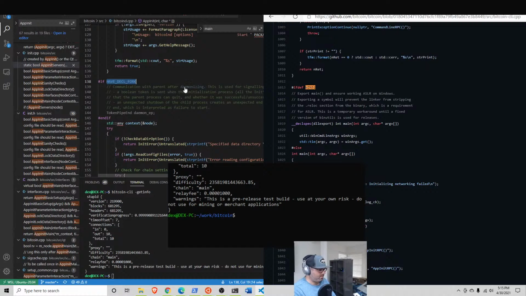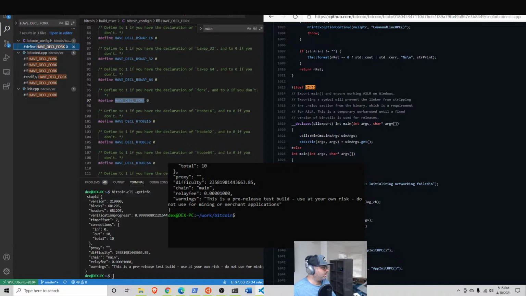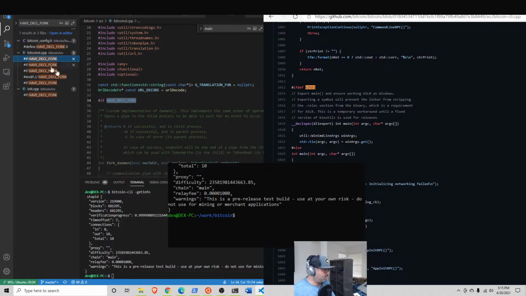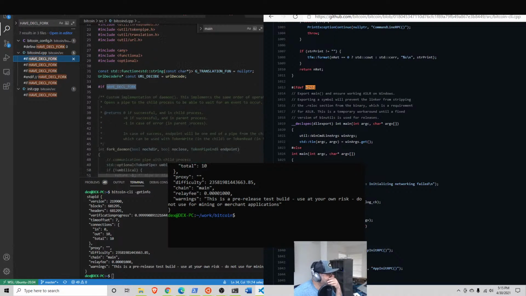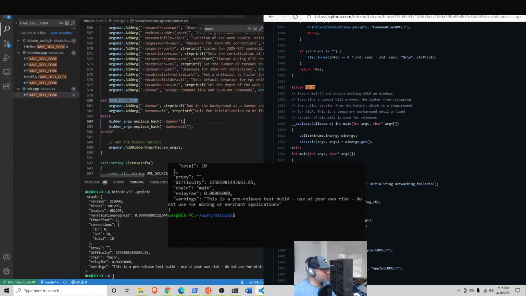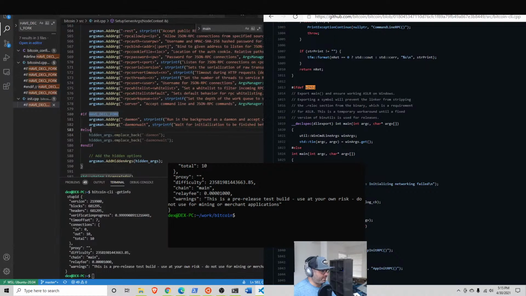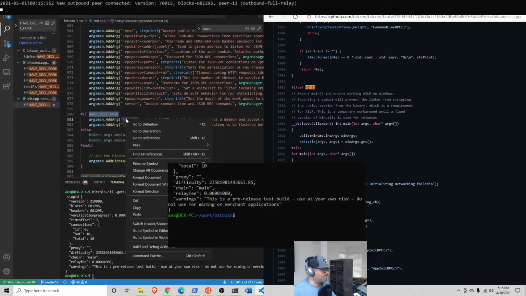Have daemon fork. Ooh, daemon runs in the background except commands. Ooh. Oh, it's only if we have daemon fork.